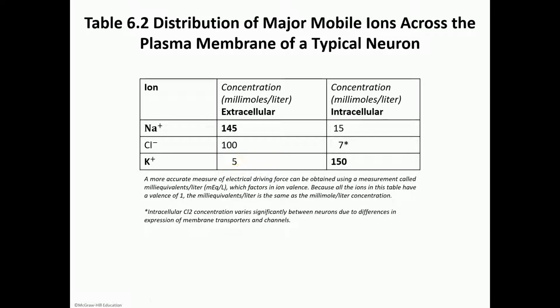Chloride, which is negative, is a lot more on the outside than it is on the inside. Well, you might be telling yourself, now you're confusing me because you're saying that the inside of the cell is negative compared to the outside, yet there is a lot of potassium, which is positive. Well, the fact is that there are so many other ions and proteins that play into this.